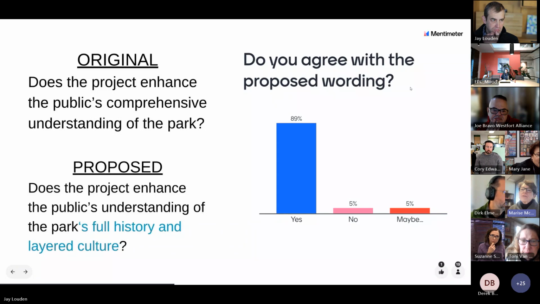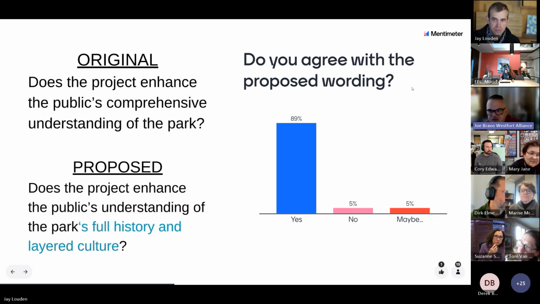Yeah, thank you, Corey. That was great. But Joe, the idea of layered refers to the archaeology, that kind of deep time, and this idea that some things are not on top of the ground, but are in fact part of the layering of ancient or Aboriginal culture. So it's an archaeological reference.